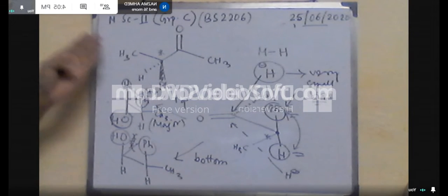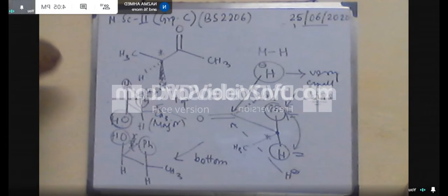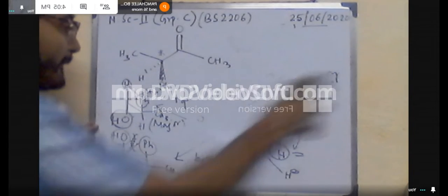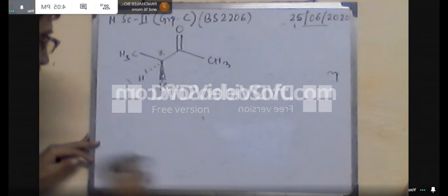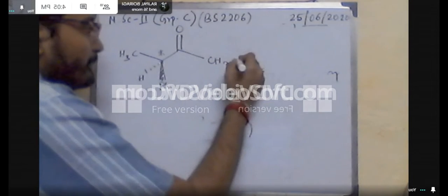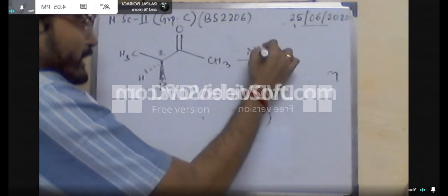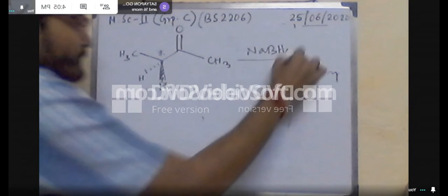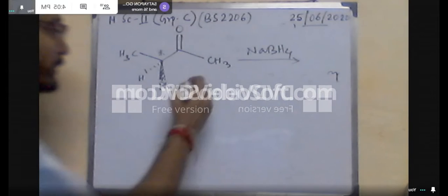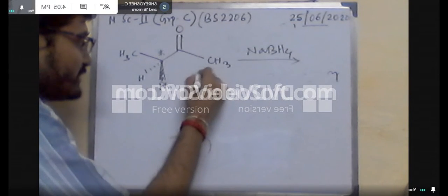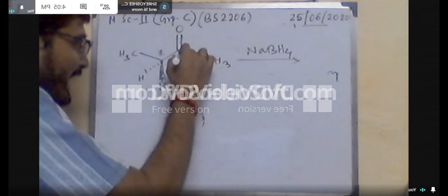So if the hydride will attack from the top face, you will get hydrogen at the top, and the final step is the acid workup obviously. The OH will be in the down or bottom, or away from the viewer, and here phenyl is in the top and hydrogen in the down.